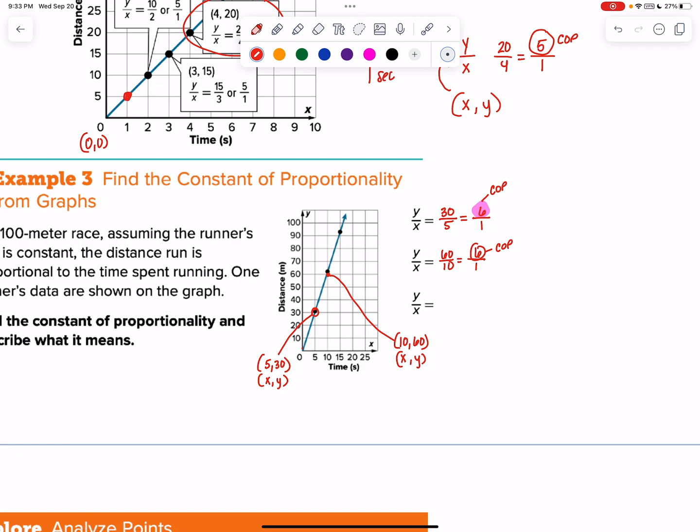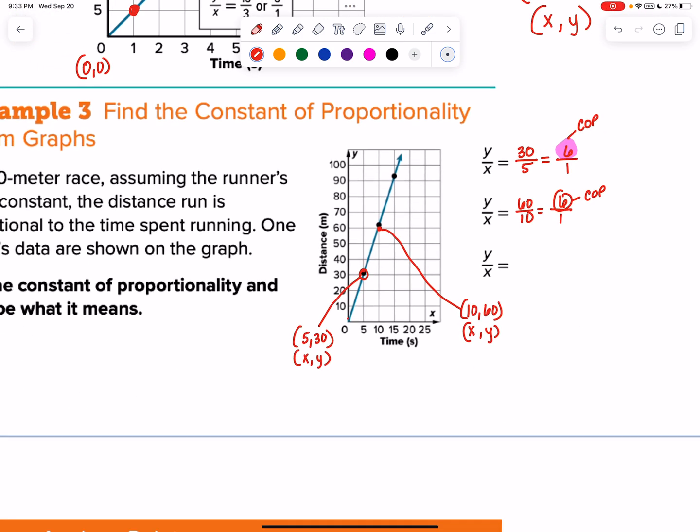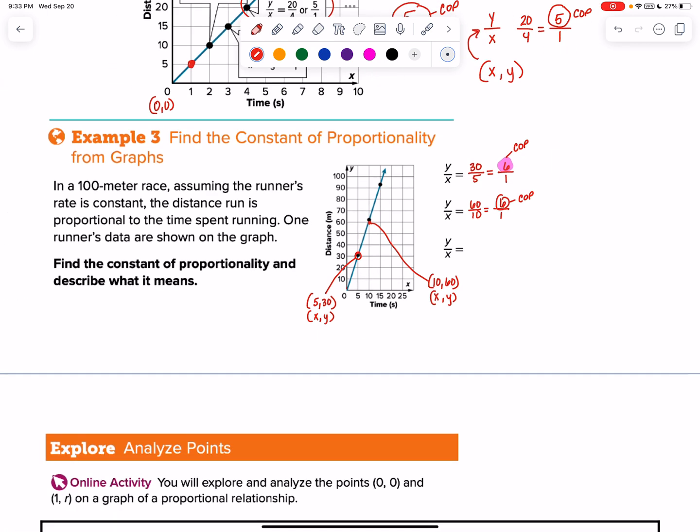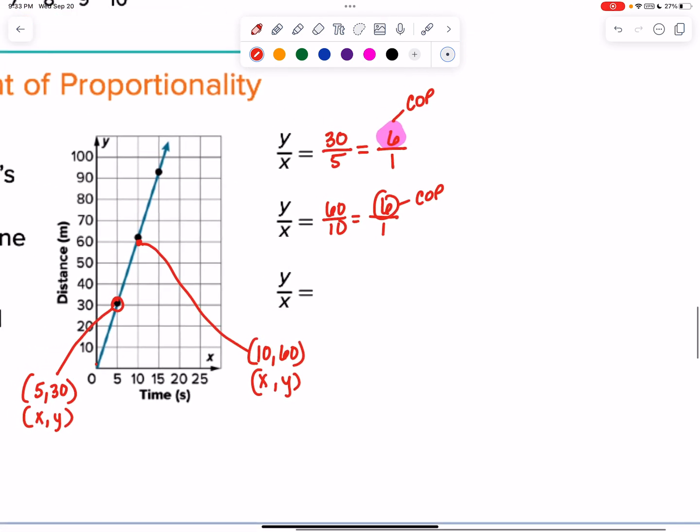That other point is not one that you'd want to do because you'd be guessing what the distance is. Okay, so it does say describe what it means, and I do want you to be able to understand this verbally. So this means for every 1 second, what do you think the distance is?